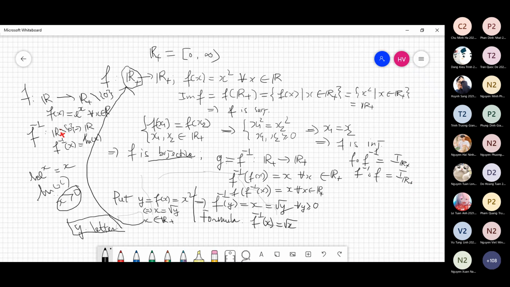And sometimes we denote this R plus without 0 as R plus star. This is standard notation: R plus star is R plus minus 0. Good. This is another example, right? You already see that e to the x is never 0 here. Immediately, if you want to have the surjective property, then you have to remove 0 here, and then you can take the inverse.